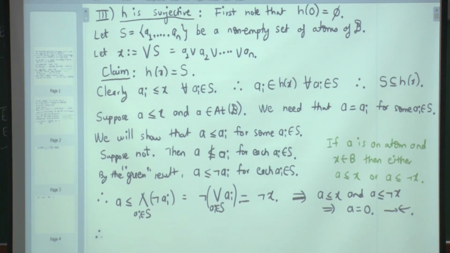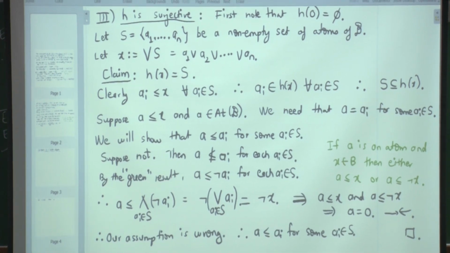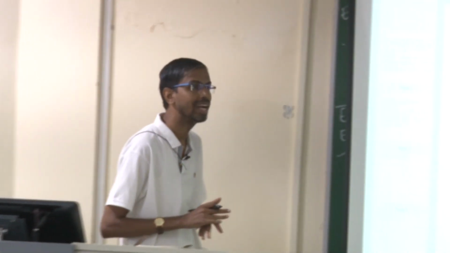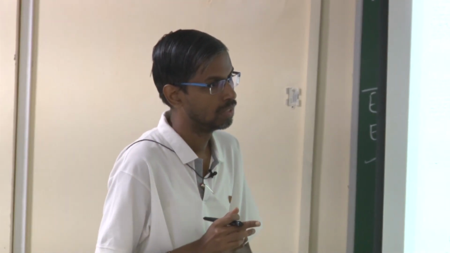So our assumption is wrong, and therefore A is less equal Ai for some Ai, and that completes the proof. We have shown that H of x is equal to S.